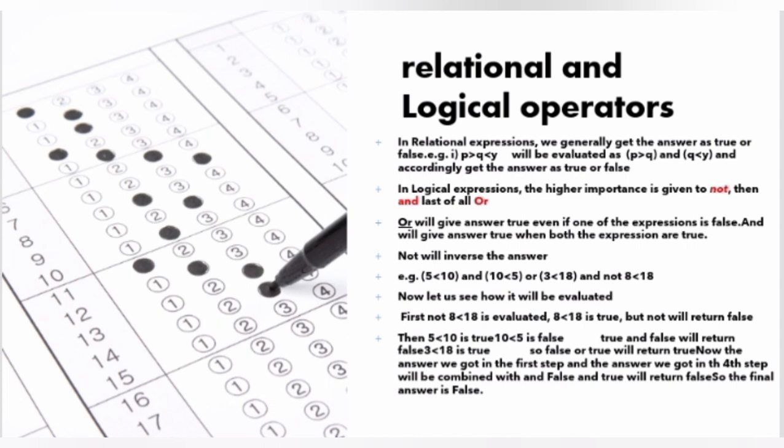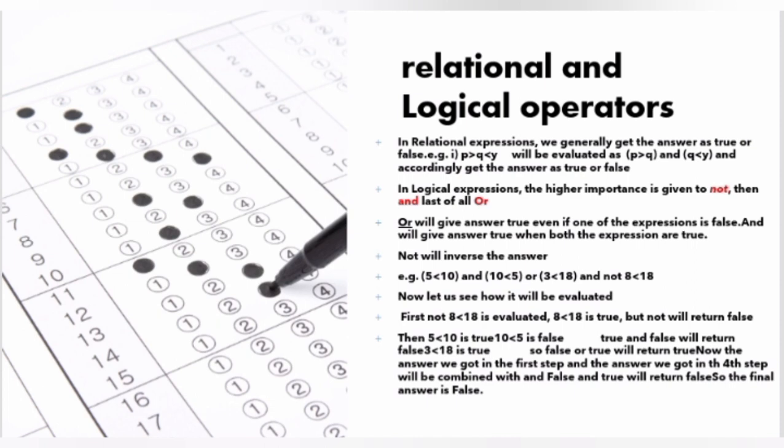So not 8 less than 18 is evaluated as follows: 8 is less than 18 is a true answer, but because of not it will turn out to be false. After that, 5 less than 10 and 10 less than 5 will be evaluated, because and is given the next importance. 5 less than 10 is true, but 10 less than 5 is false. So true and false in case of and will turn out to be false.